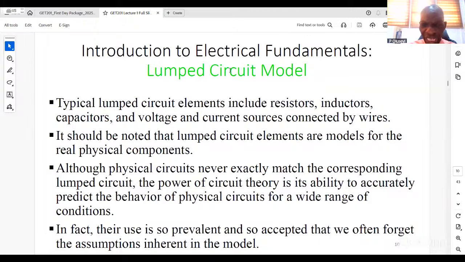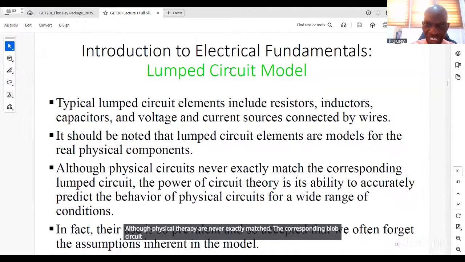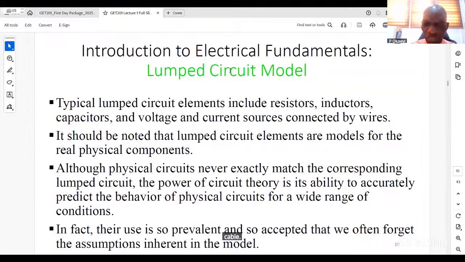Although physical circuits never exactly match the corresponding lumped circuit, I have explained it by using my computer power cable. The power of circuit theory is its ability to accurately predict the behavior of the physical circuit. In fact, their use is so prevalent and so accepted that we often forget the assumption inherent in the model.